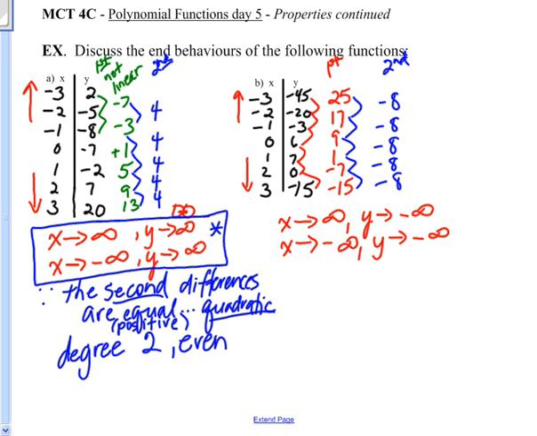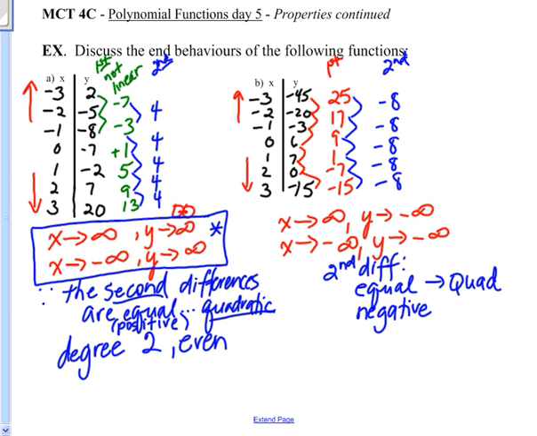Our second differences are equal, so it's a quadratic. Our second differences are negative, that means it's upside down. Our leading coefficient is going to be a negative number.